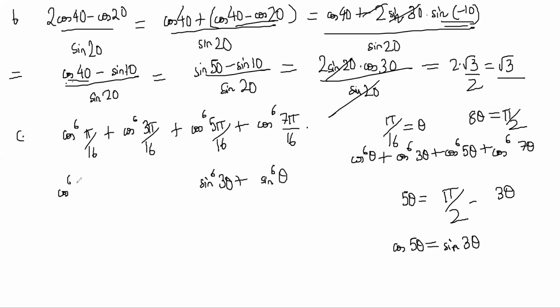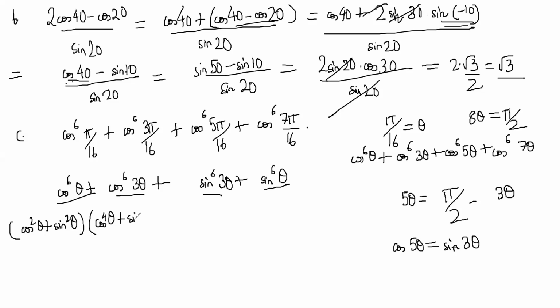This is cos power 6 theta and cos power 6 3 theta. Now I can isolate these and simplify separately. Cos 6 plus sin 6 is a cube plus b cube: cos square theta plus sin square theta multiplied by cos power 4 theta plus sin power 4 theta minus cos square theta sin square theta. Same thing happens here with 3 theta.